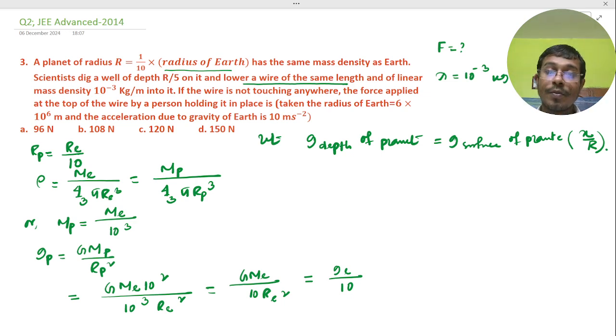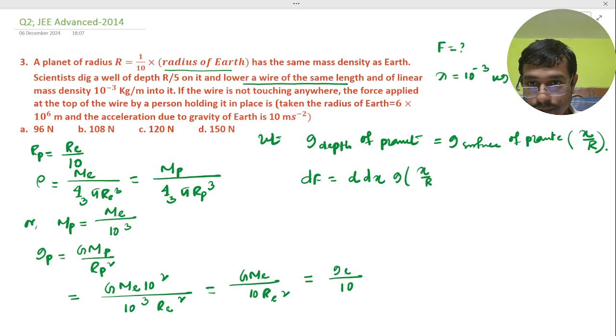So basically for a small segment, the small segment of wire, the force dF would be denoted by lambda dx g x by r. We put in this concept, and after integrating we get the total force F total.